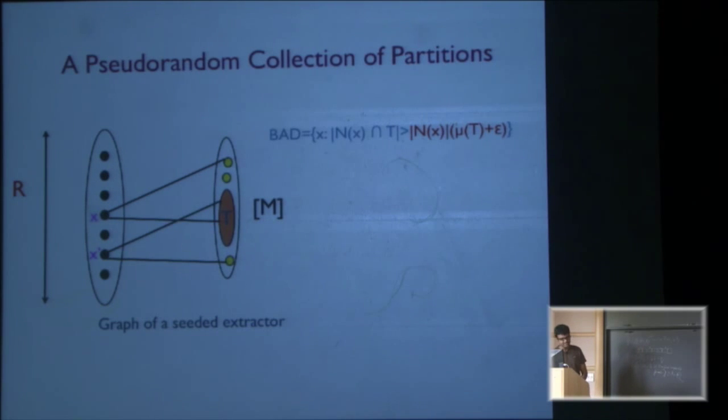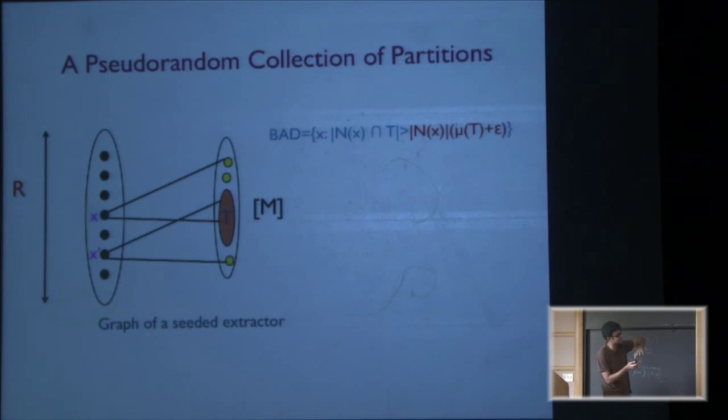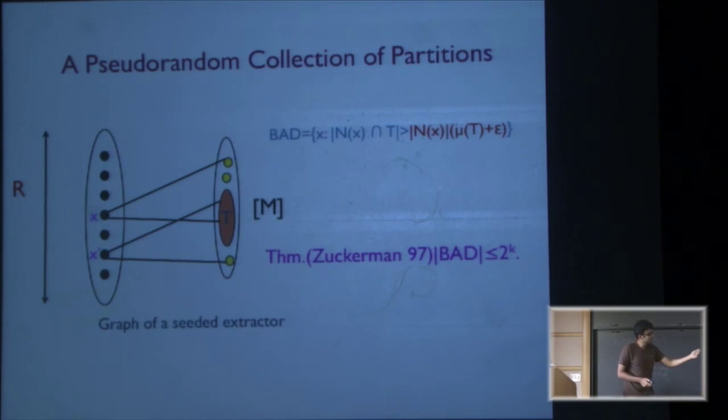Further, it has this nice property that for most choices of x on the left, the neighborhood of x intersects any subset T on the right in the fraction you would expect if it were randomly chosen. If bad is all those x for which its neighborhood intersects T in slightly more than its density, then there's a theorem by Zuckerman which shows that the number of bad x is bounded by 2^k, where this seeded extractor works for min-entropy k and has error epsilon.